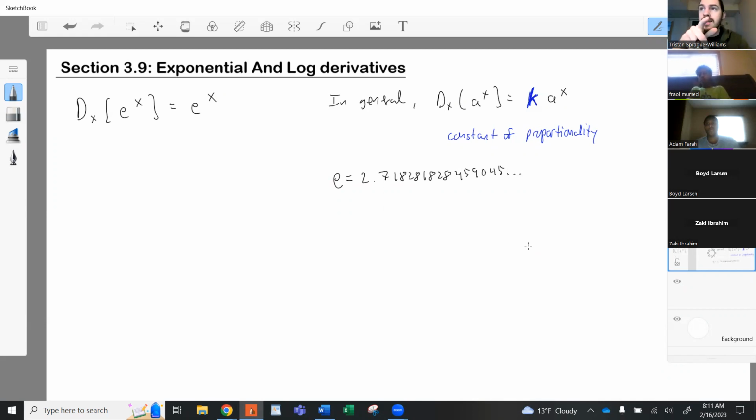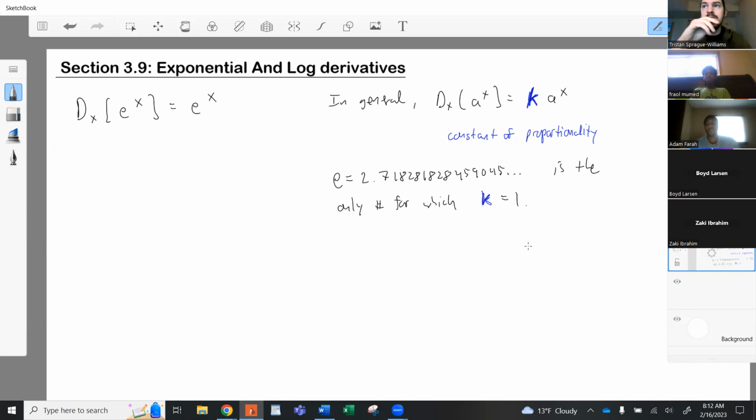That number e, which is an irrational number, is the only number for which that constant of proportionality, k, is equal to 1.